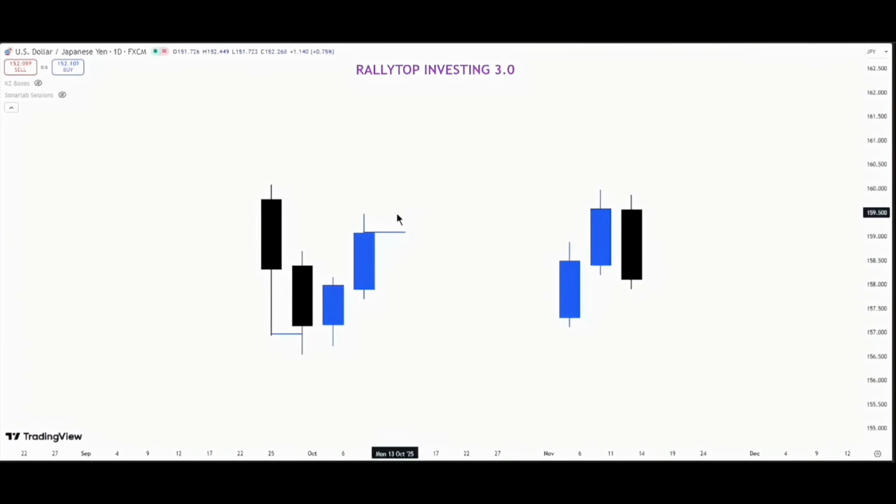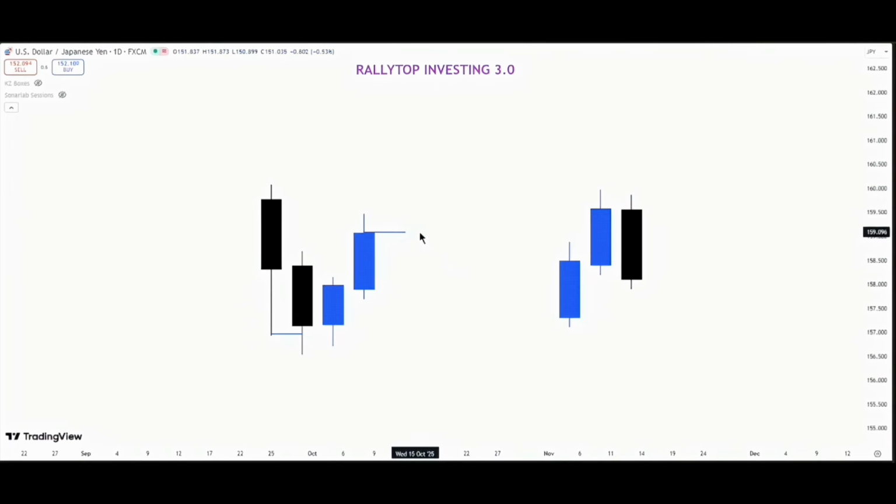The time window for the London key zone, if you are going to determine the daily bias using this concept, is 2 a.m. to 3:59 a.m. Eastern. If it is the New York key zone, it's 7 a.m. to 8:59 a.m. Eastern time.